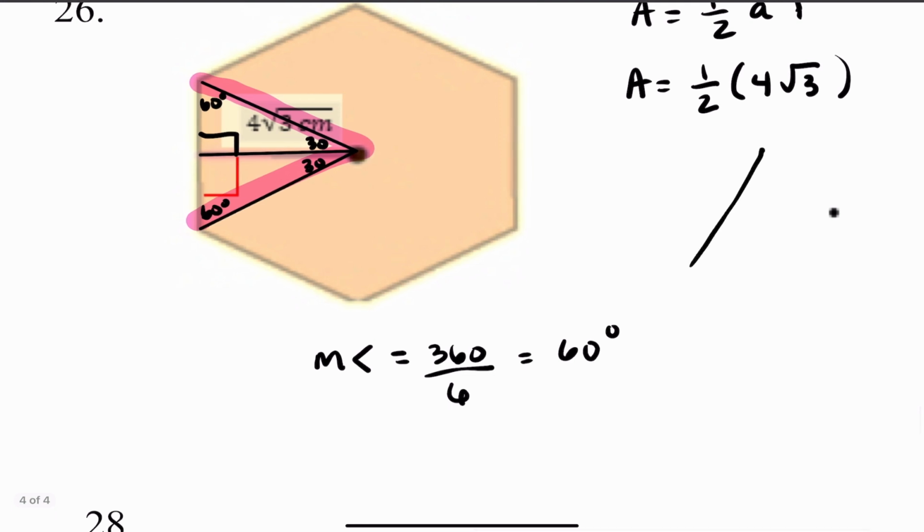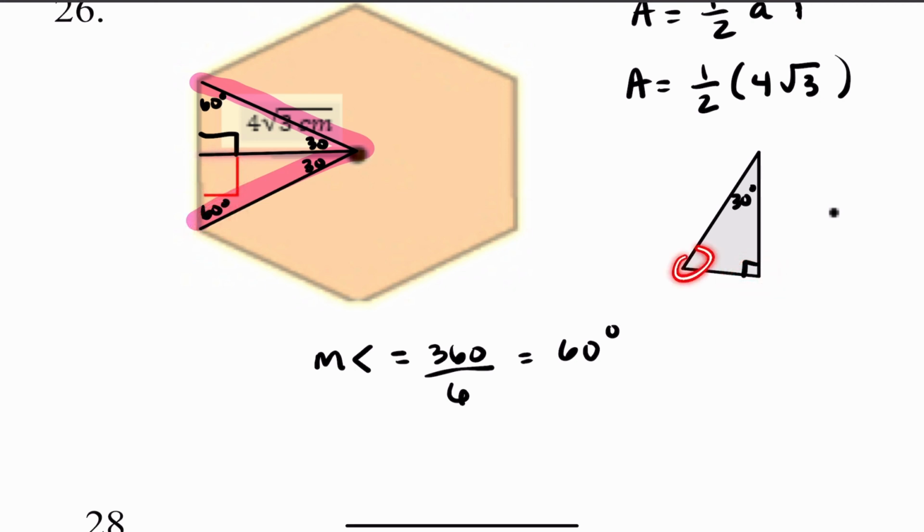If I draw one of the right triangles, we know that the apothem, let me redraw that again. So we have our 90 degree angle, and this is 30 degrees, and we already have the 90 degrees.